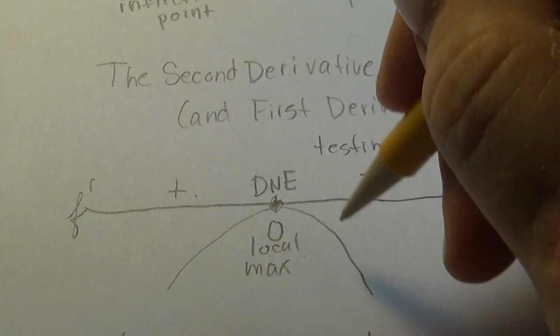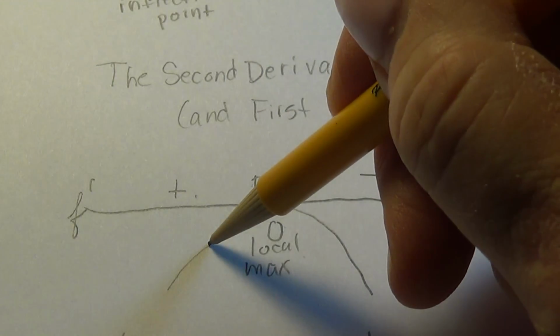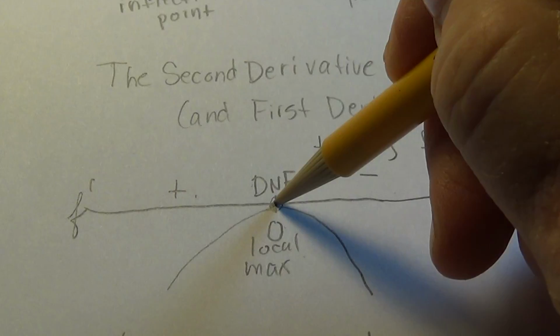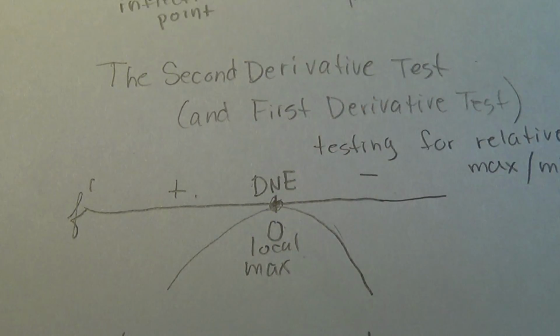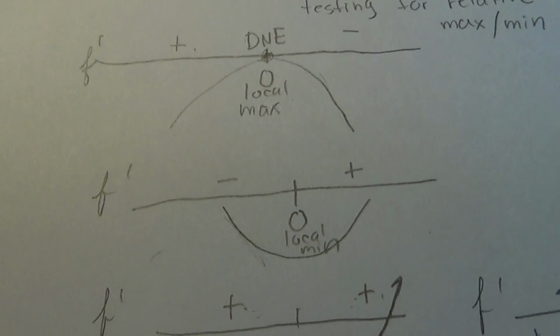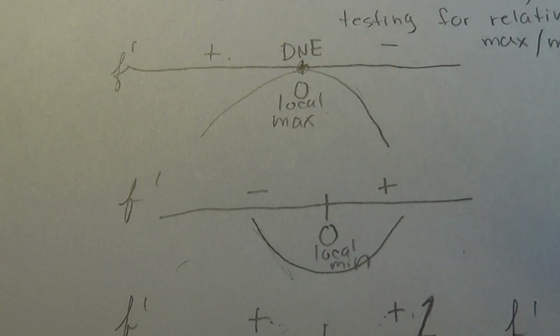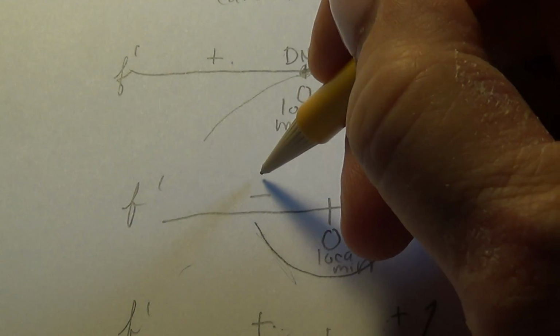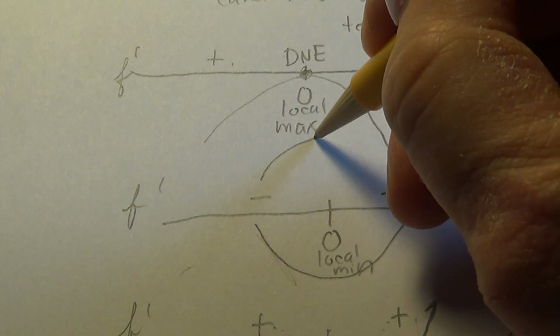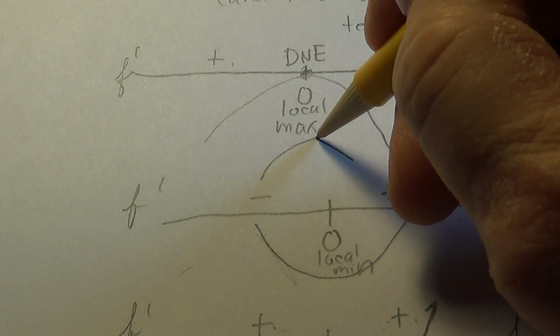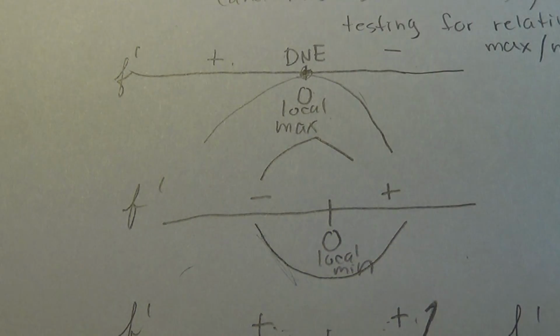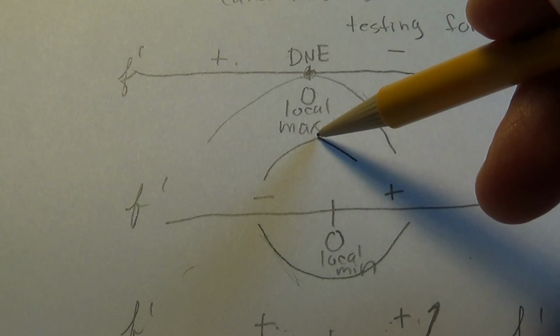So what would this slope look like? If it's positive to the left, the derivative does not exist here, and negative to the right. Well, it would still be a local max, but it would come up and have a sharp turn. So at that point, a sharp point, there would be no derivative.